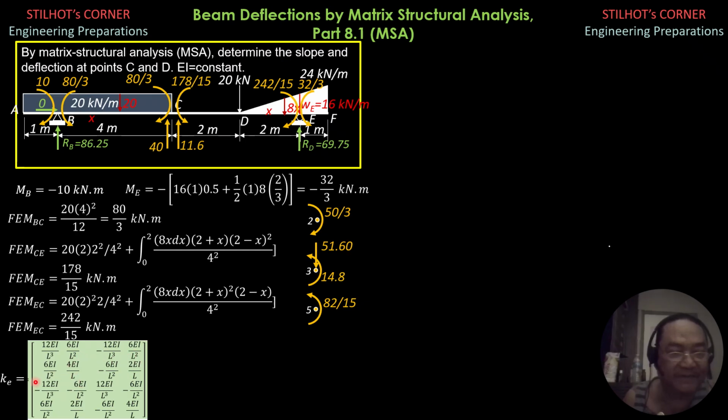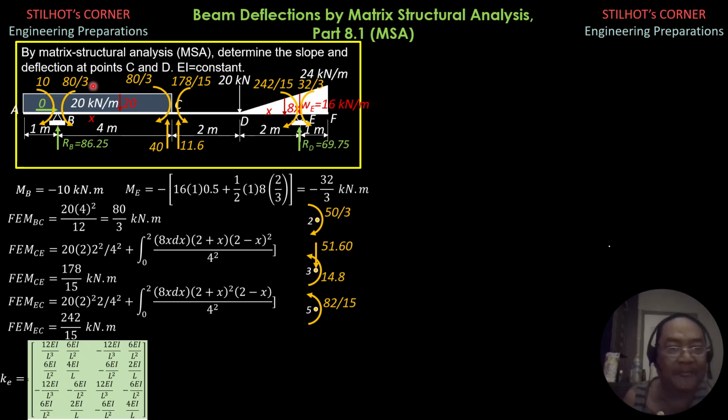Second row, we have 6 EI over L squared, 4 EI over L, then the negative of this first cell, then 1/2 of this 4 EI over L is 2 EI over L. Then the third row elements would be the negative of the first row elements. In the fourth row, you just copy the second row elements, except that we interchange the second and fourth positions. So this fourth cell is 4 EI over L.